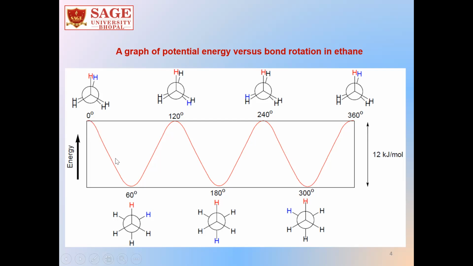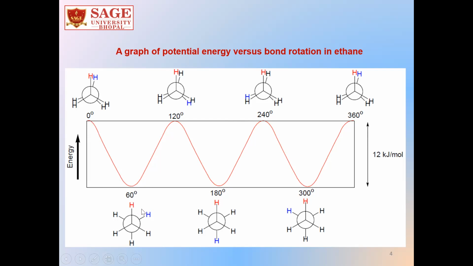Here, if we rotate by 60 degrees, in this case that 12 kilojoule per mole torsional strain is present. In this case, there is no torsional strain. So here the energy is here, and this energy gap is 12 kilojoule per mole. In this case the torsional strain is present. Here the torsional strain is not there.